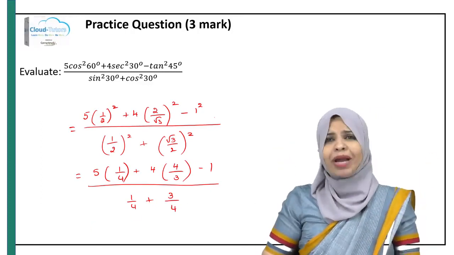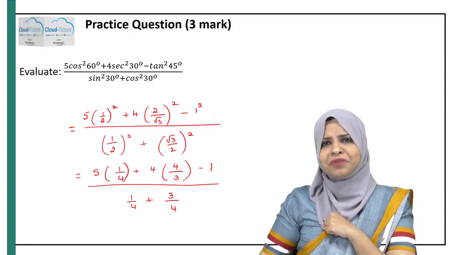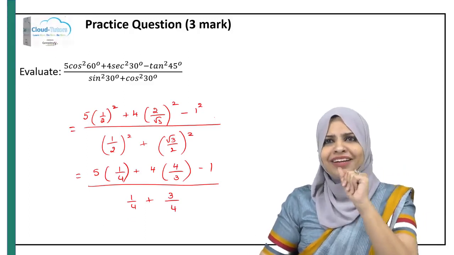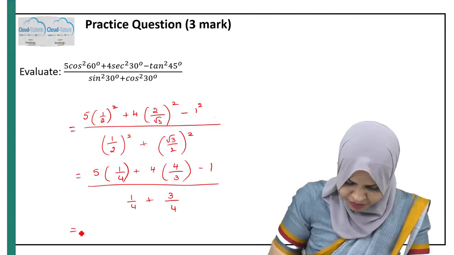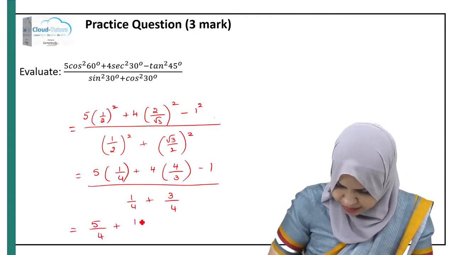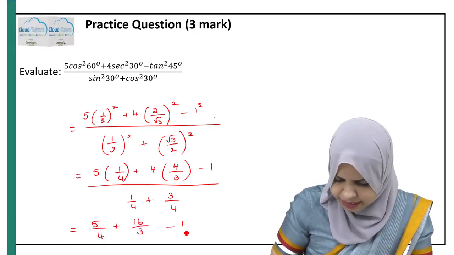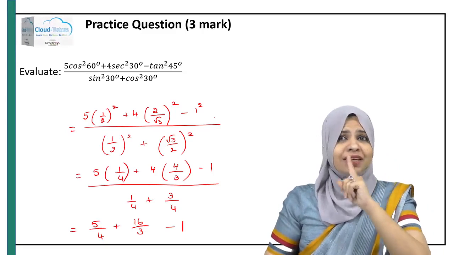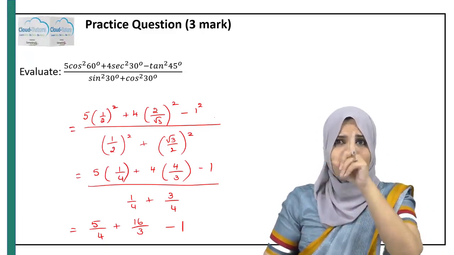So 1 by 4 plus 3 by 4 is 4 by 4, right? Nothing but 1. So you end up with only the numerator, that is 5 by 4 plus 16 by 3 minus 1, because the denominator has become 1. You saw that? Even sin² 30 + cos² 30 is equal to 1.